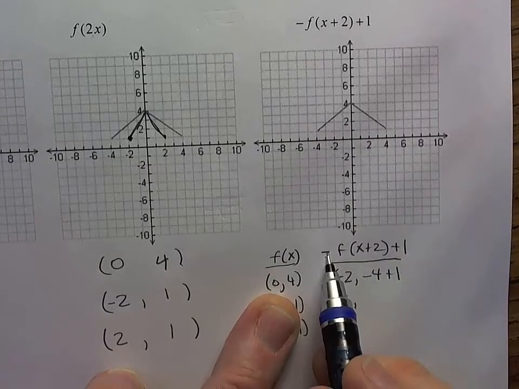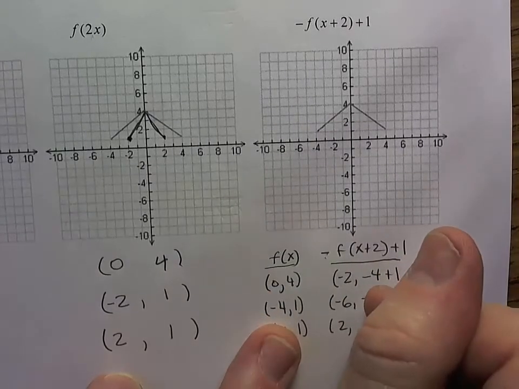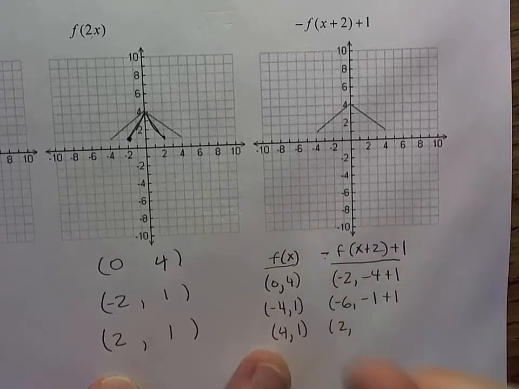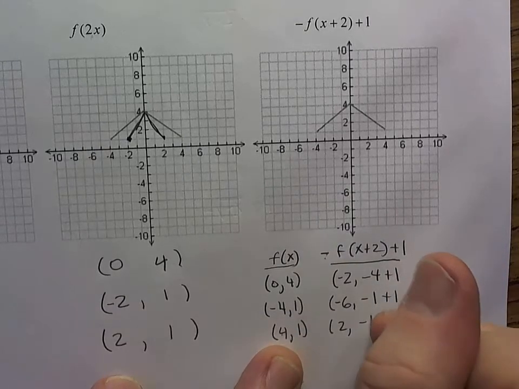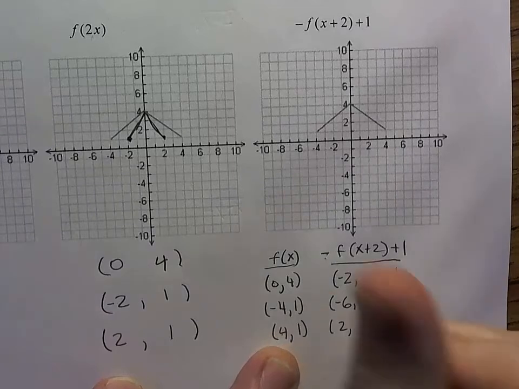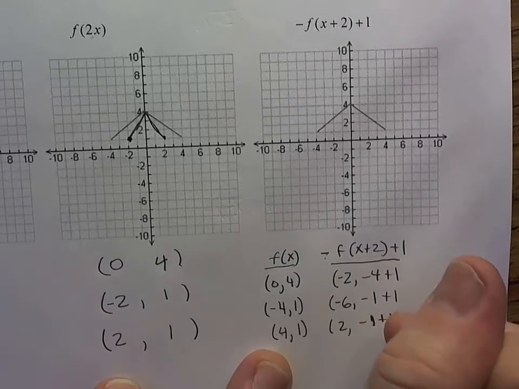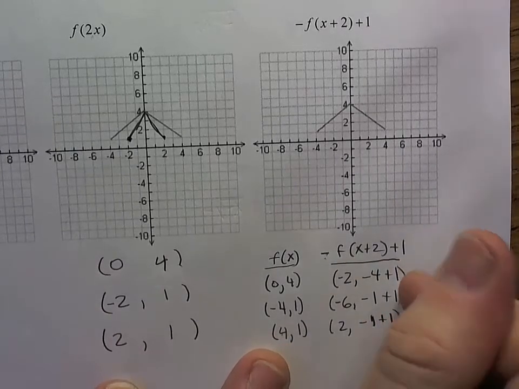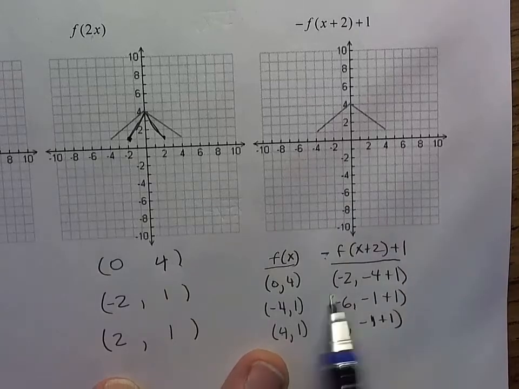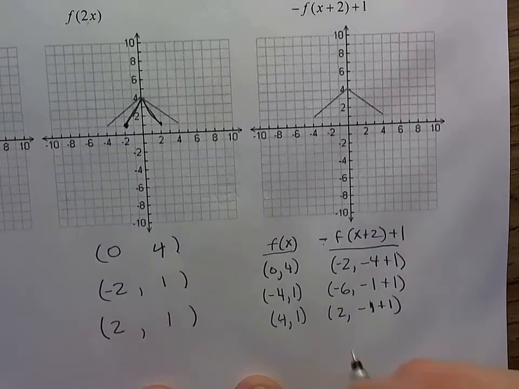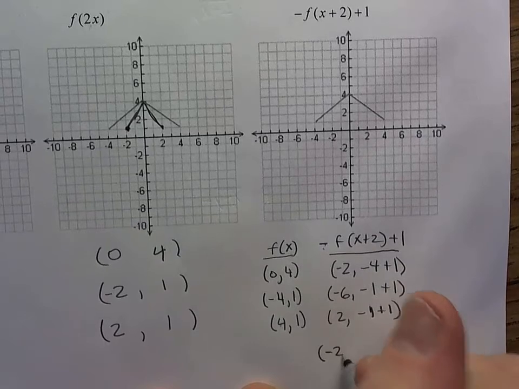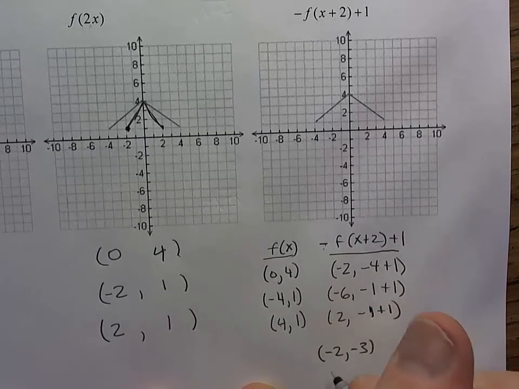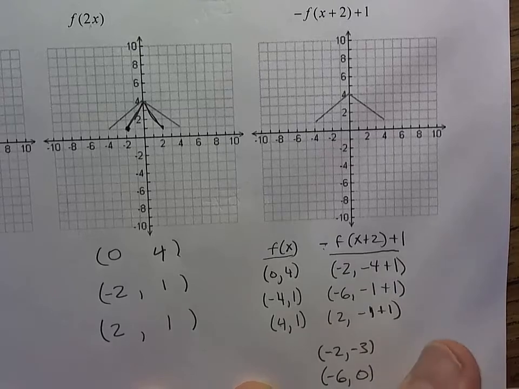I do the multiplying first. See, here's negative 1 plus 1 and negative 1 plus 1 again. Okay, so there are our new points right there. So let's think about what they are. (-2, -3), (-6, 0), and (2, 0).